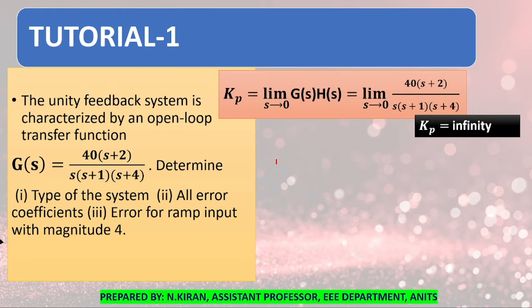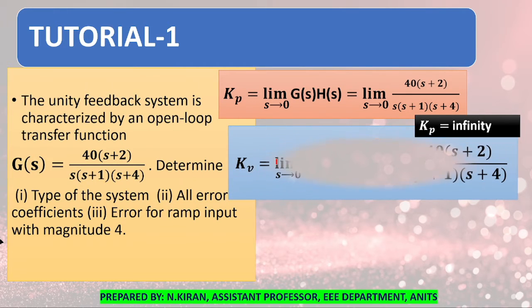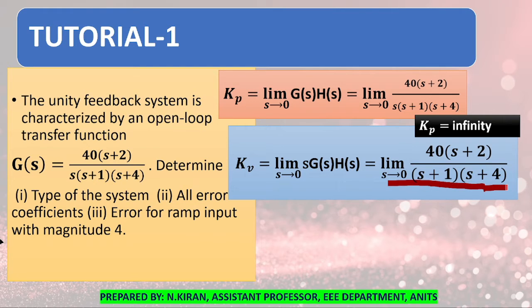Next, according to the definition, Kv is limit s tends to 0 of s into G(s)H(s). This will cancel the s term in the denominator. So when I substitute s equal to 0, that will give me 40 into 2 divided by 1 into 4.